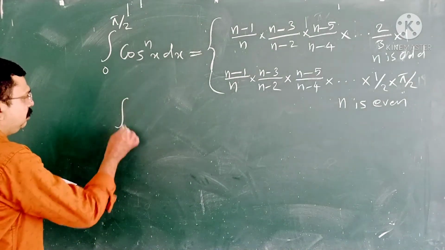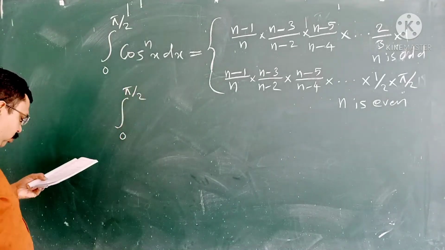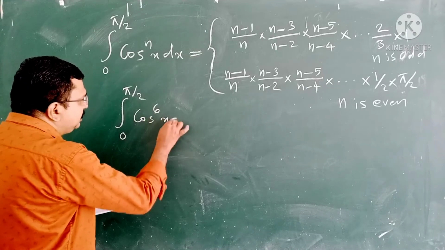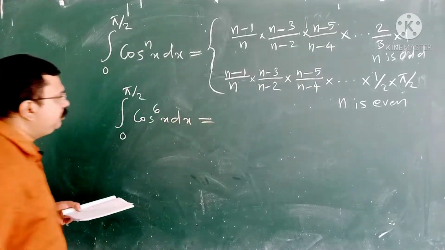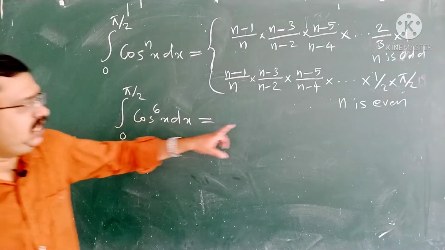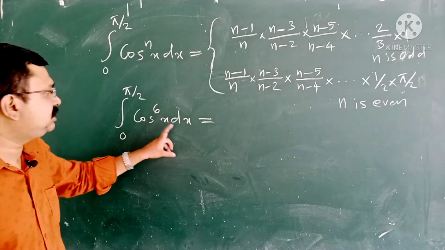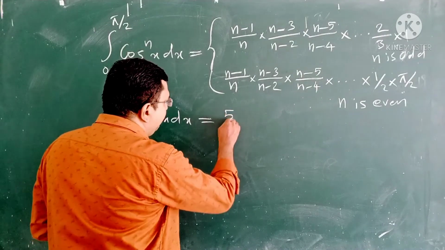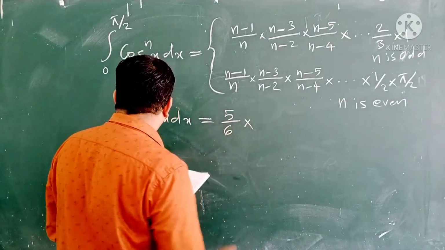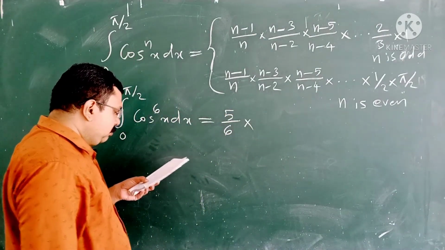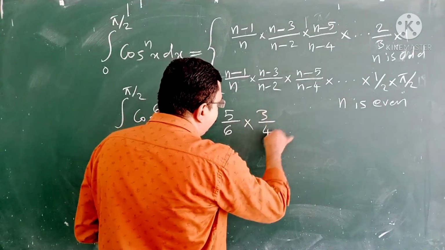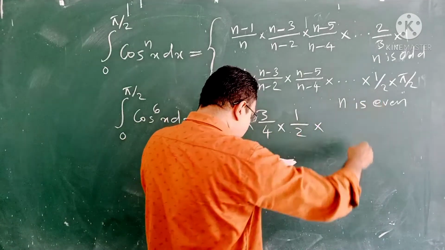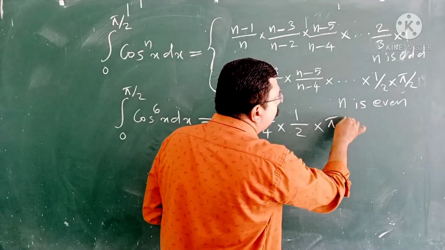Find the integral from 0 to pi by 2 of cos raised to 6x dx. Here n is even. Therefore its answer is 5 by 6 into 3 by 4 into 1 by 2 into, the last one is pi by 2.